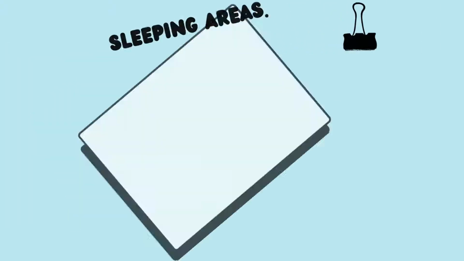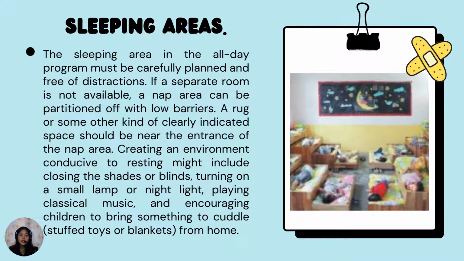So next is sleeping areas. The sleeping area in the all-day program must be carefully planned and free of distractions. If a separate room is not available, a nap area can be partitioned off with low barriers.